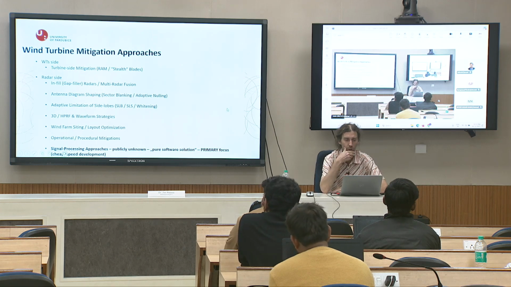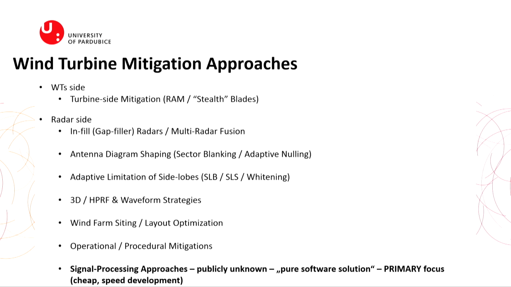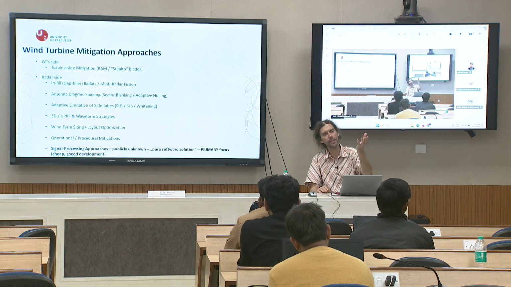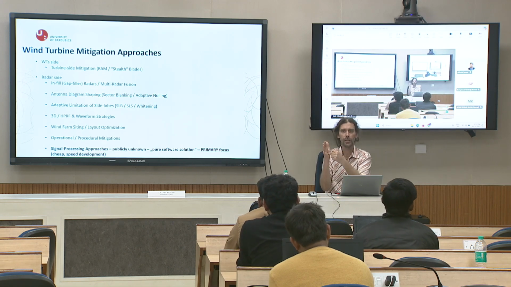Okay, now I will show you some wind turbine mitigation approaches. The first mitigation approach is turbine side mitigation. There exists some special material that you use to cover the blades, and reflection will be almost zero.